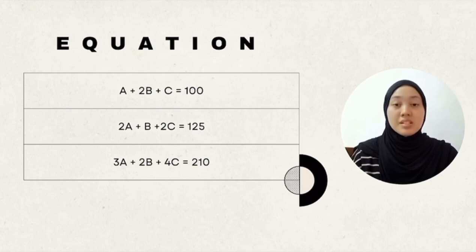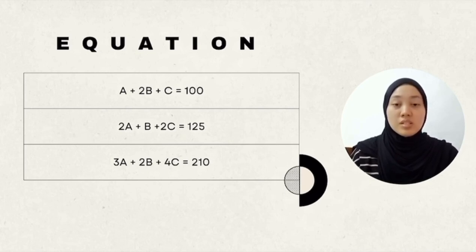First, Ira mentioned that she bought 1 algebra module, 2 mechanic modules, and 1 statistic module with the total of 100 ringgit. From here, we can form the first equation, which is 1a plus 2b plus 1c equals 100. Next, Naila told us that she bought 2 algebra modules, 1 mechanic module, and 2 statistic modules, and she paid 125 ringgit in total.